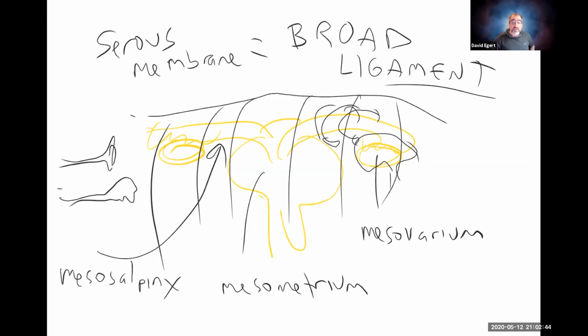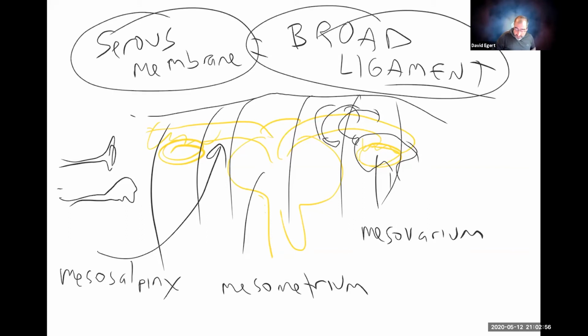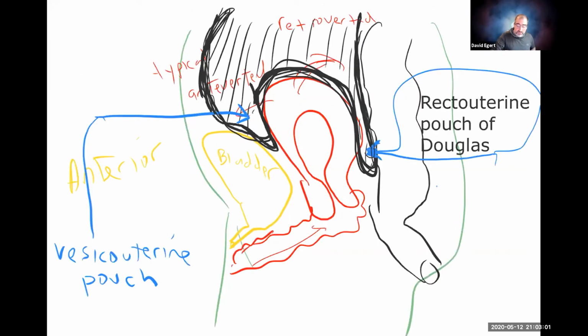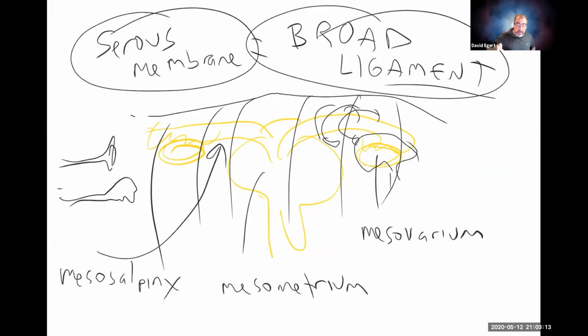Again, when we get to the lab part, we have pictures and models that will show all this in better detail. But for right now, just think about this idea that in the bottom of the pelvic cavity, the serous membrane folds down and envelops the uterus, the ovary, the fallopian tubes, and that whole shebang of serous membrane enveloping all that is the broad ligament.